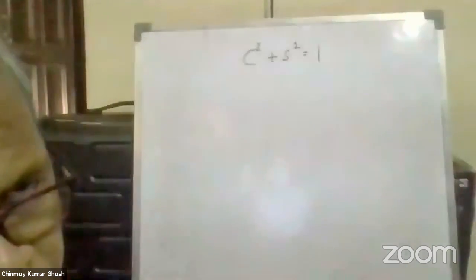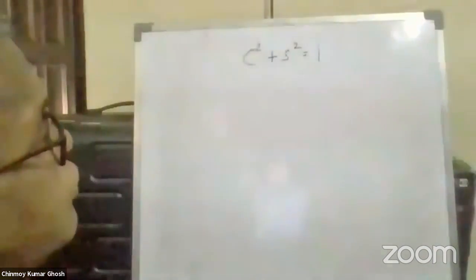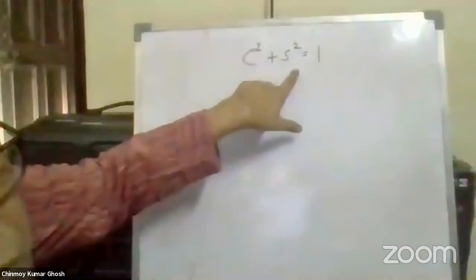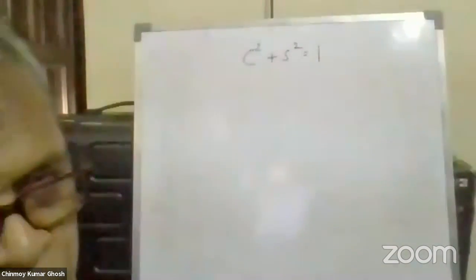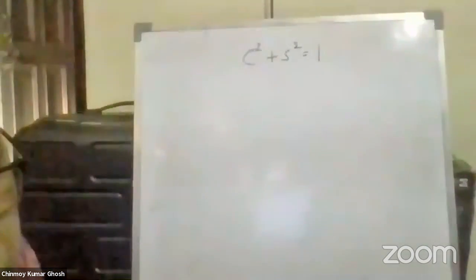So when one is maximum, the other is minimum. Therefore, the maximum value of cosine square theta corresponds to the minimum value of sine square theta, and vice versa.